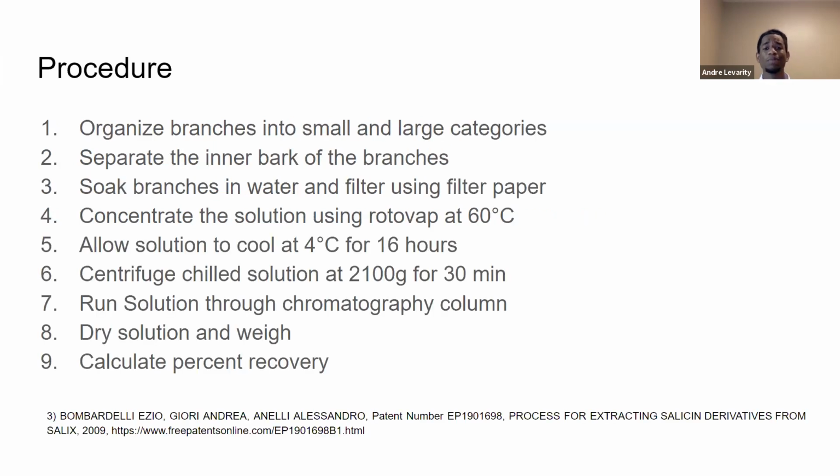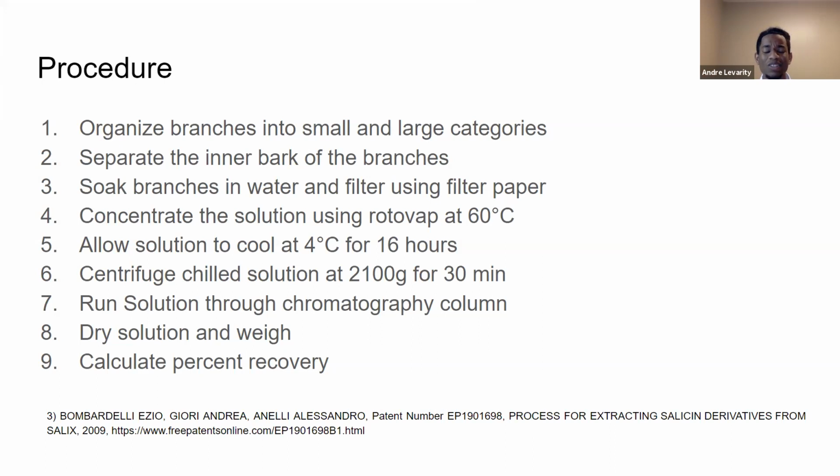So a more detailed procedure starts with organizing the branches into the small and large categories. For this part, I would take the main branch, which would be categorized as a big branch, and then the little twigs coming out of it, those are categorized as small branches. Once I had done this, I then had to separate the inner bark from the rest of the branch.